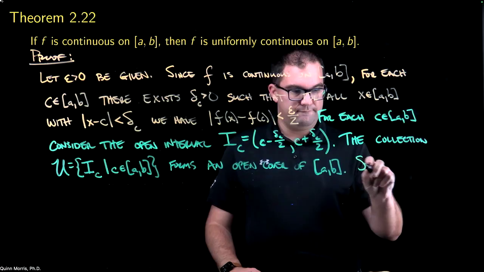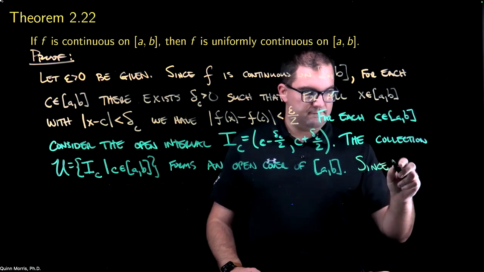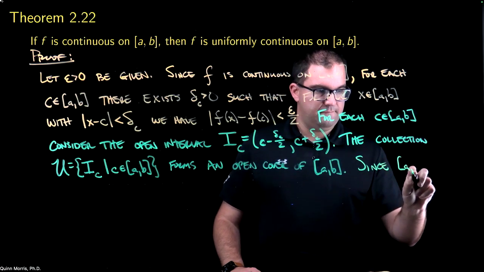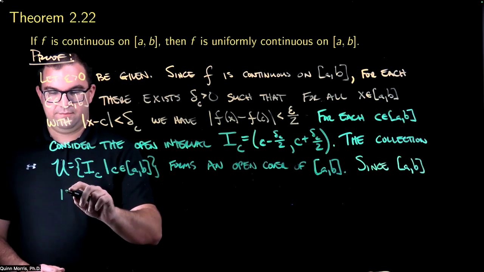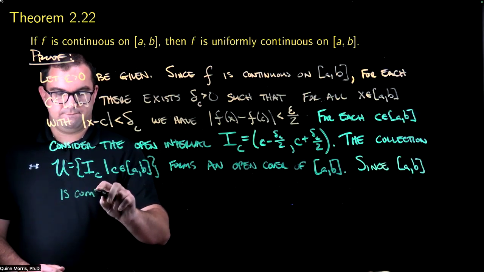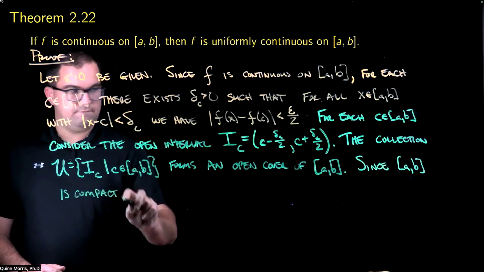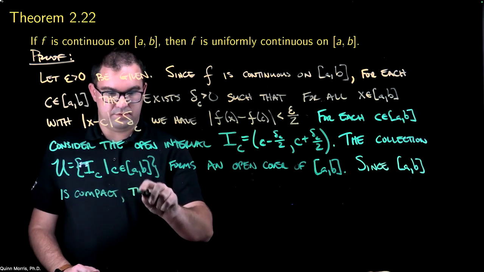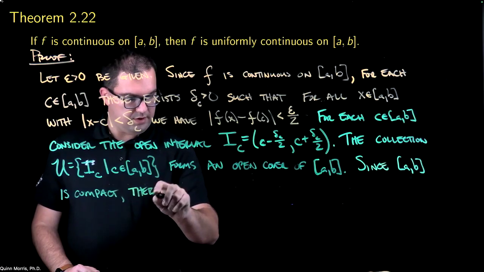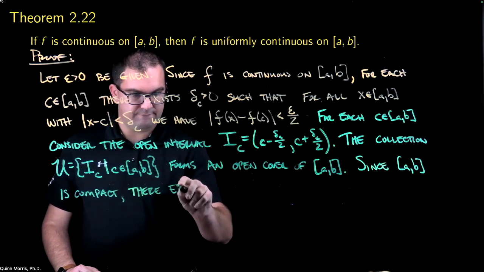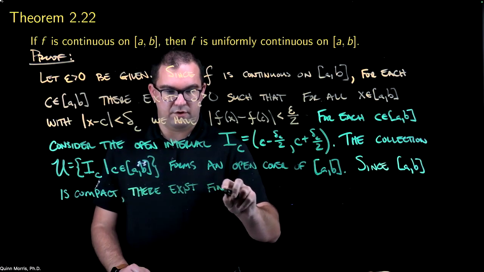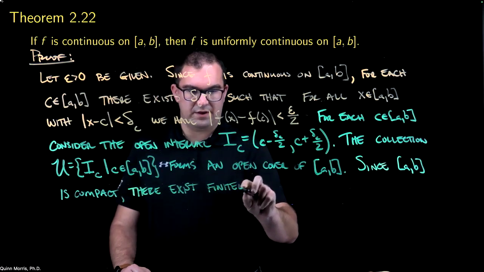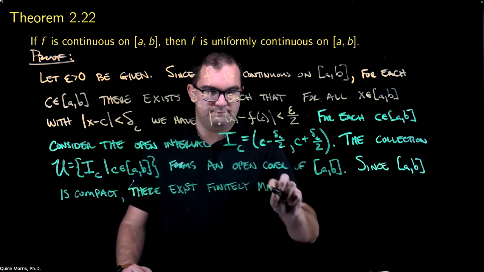So since AB is compact, it's a closed and bounded interval, there exists finitely many points.